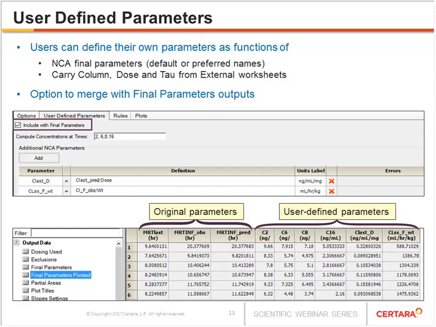You can use dose, you can use weight, which would be a carry-along, or you can use any other PK parameter. These will come as a separate table of user-defined parameters, but you can also elect to include those with the final parameters. So all the parameters will be in one output file, so it merges the two together for you if you choose.